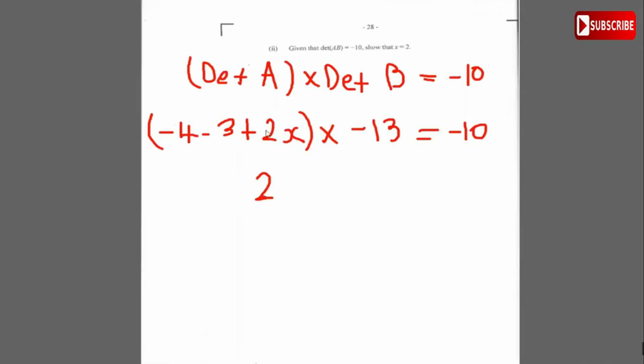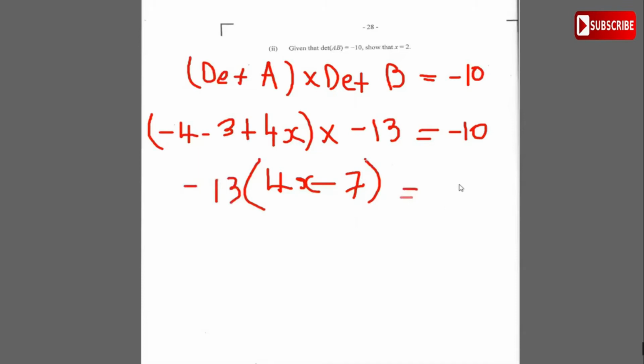So the expression is now 4x minus 7 times minus 13. I'm just going to put a bracket around it and put minus 13. That is equal to negative 10.